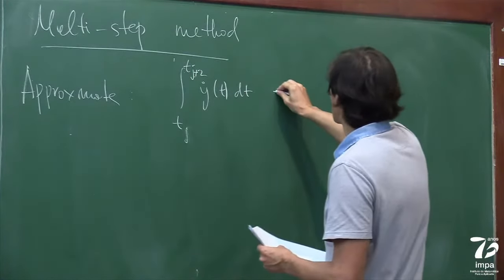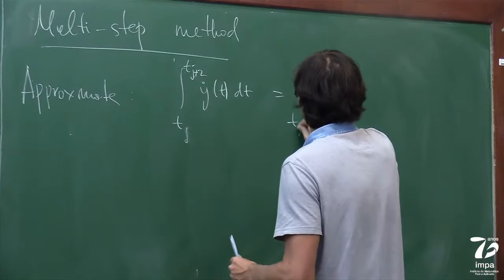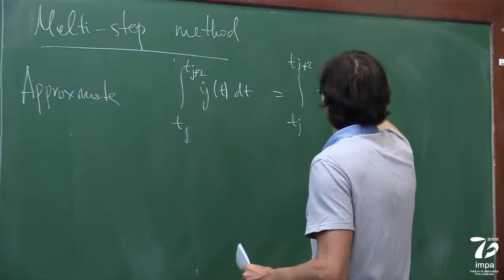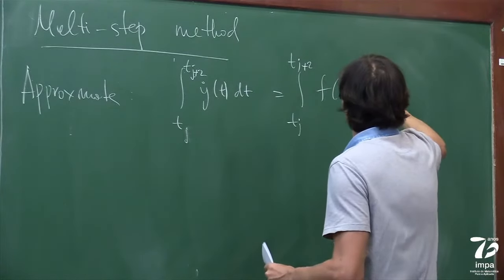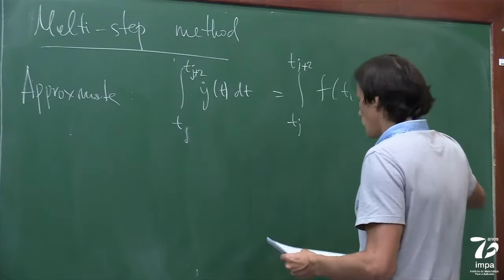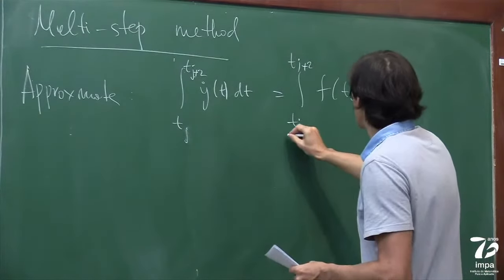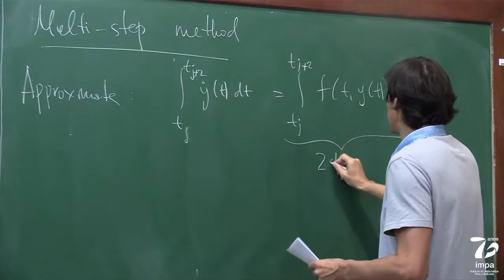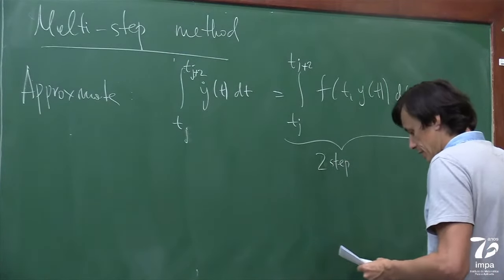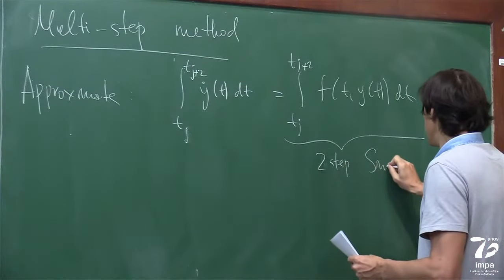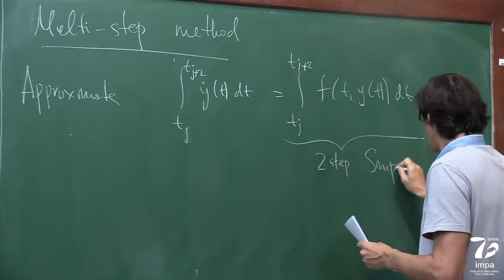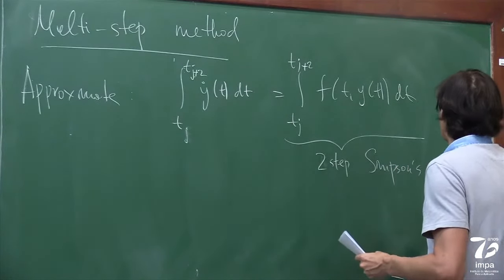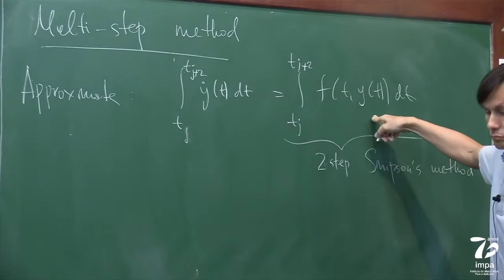And the right-hand side will be the same integral. So what we do is use two steps, and exactly that's what is called the Simpson method for computing the integral.